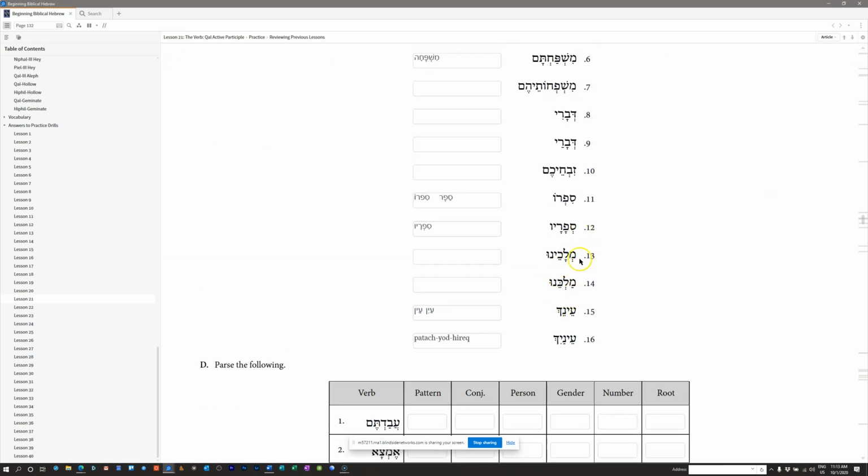All right. Number 15, we've got ein. Ein is the construct form of ayin, which is like spring. I don't think that's the season spring. That's the spring like a water spring. Basically, ayin means eye.